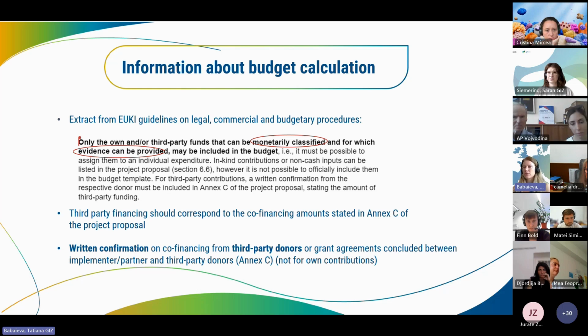Regarding third-party funding, we accept as proof a written confirmation on co-financing from the third-party recipient or the grant agreement concluded between the implementer or partners with the third-party donor, stated in Annex C of the project proposal. A proof is, however, solely required for the third-party contributions. The co-financing amount in Annex C should correspond to the project proposal.